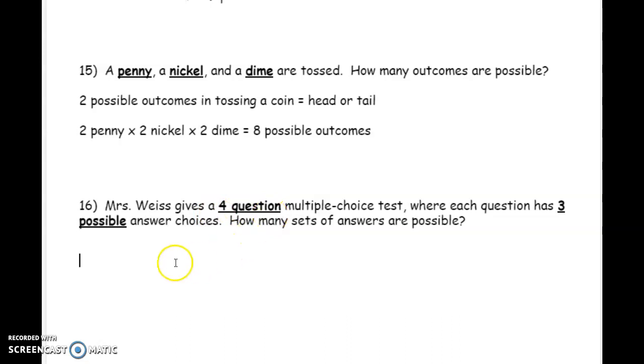So there are 4 questions. And we're going to multiply that because we're looking at compound probabilities. Each question has 3 possible choices. So each of them has 3 choices. Therefore, 4 times 3 is 12 possible outcomes.